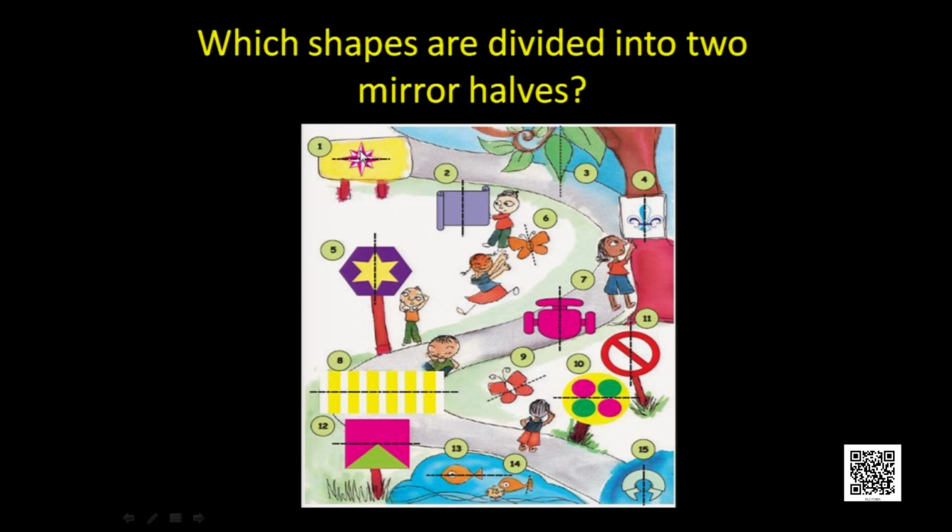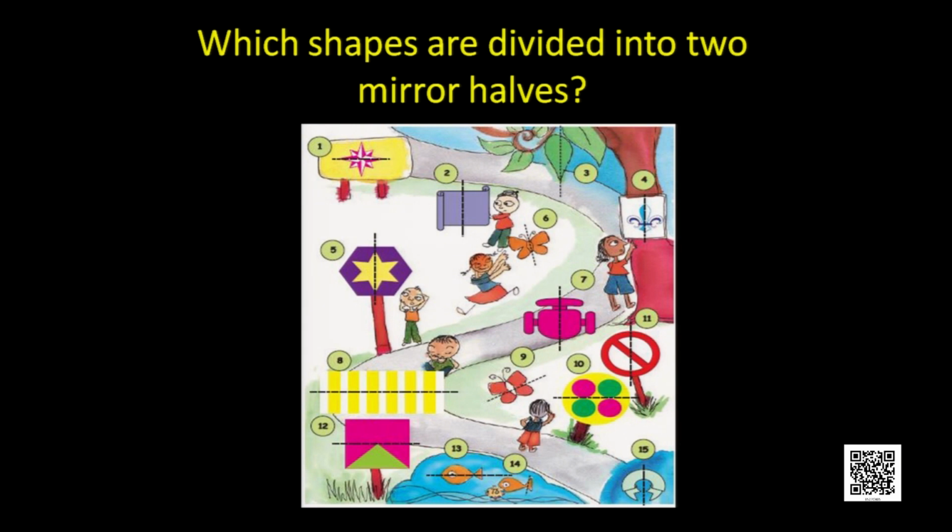Now here you see this is the white part, this triangular part. When it comes downwards, it will cover the pink part. So the upper part is not covering the lower part exactly. So I can say this picture doesn't have mirror halves.